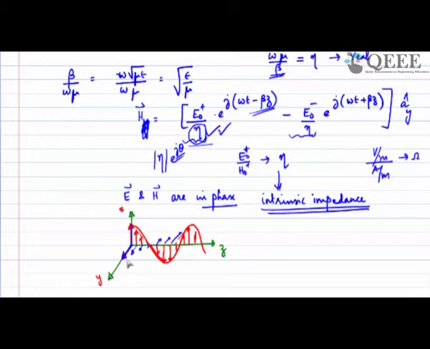So H will do this kind of oscillation. So if I were to trace the H field, it's something like this. You have a nicer picture in the notes that I have given you, but this is how the H field is behaving. The E is oscillating along x direction, H is oscillating along the y direction, and the wave is propagating along the z direction. So your E, H and the propagation direction of the wave, which is along z, are orthogonal to each other.